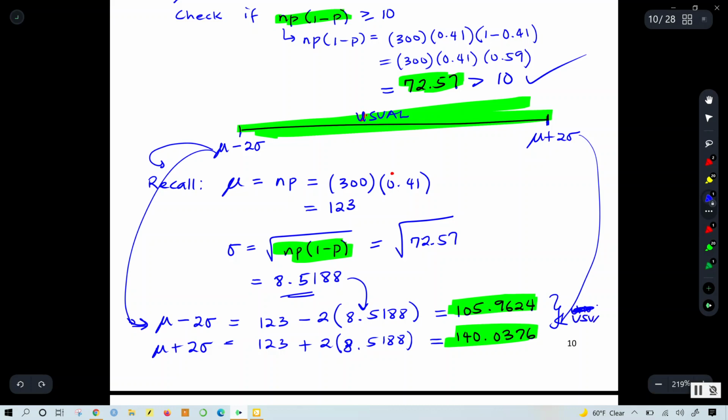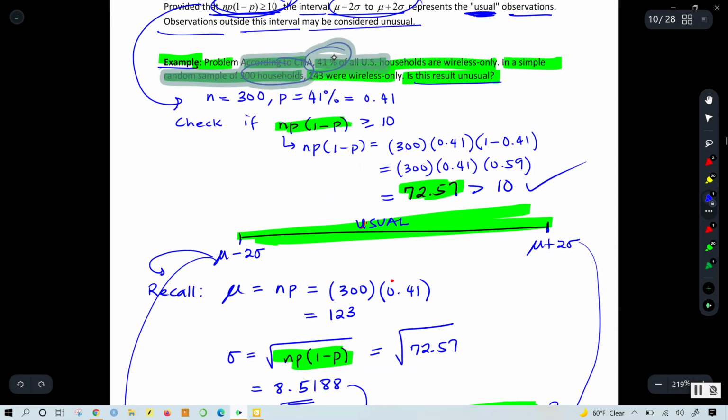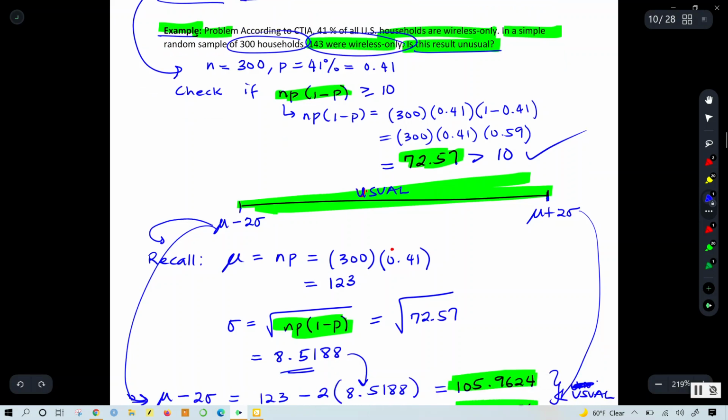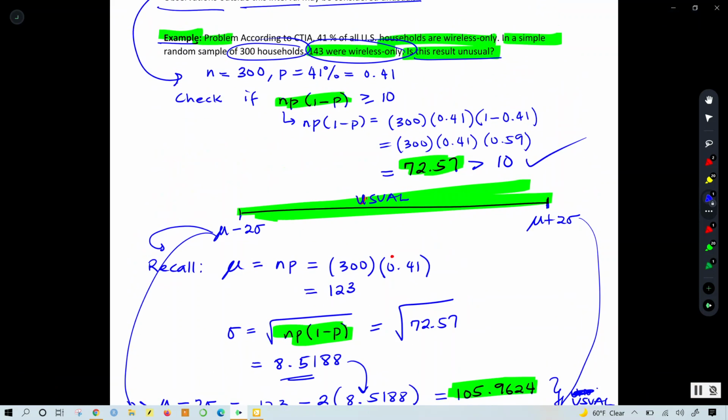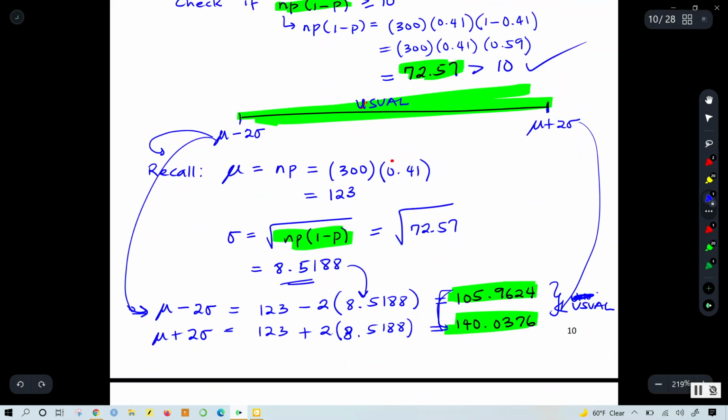So let's check. What number was observed in this household? Out of a random sample of 300 households, 143 were wireless only. The question we ask is, is 143 in this range? Well, as you might agree with me, 143 is bigger than 140.